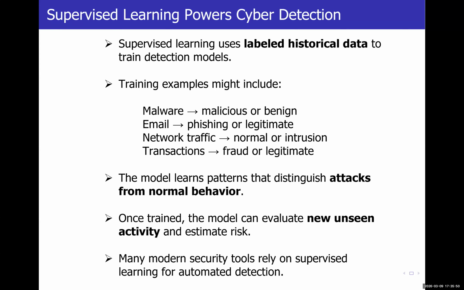And transactions can be labeled either as fraud or legitimate. For example, a banking system might automatically label a transaction as fraud or suspected fraud versus legitimate. And so with labeled examples like this, the model can learn patterns from these labeled examples and can then identify suspicious activity in new data that it has never seen before.